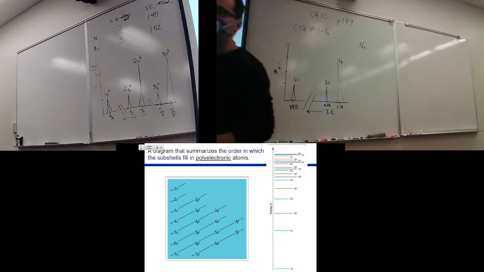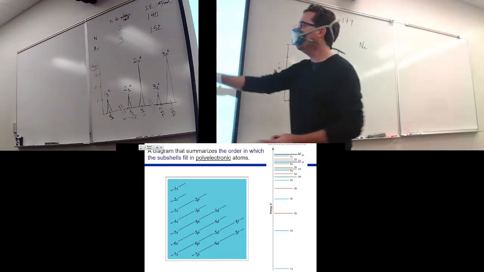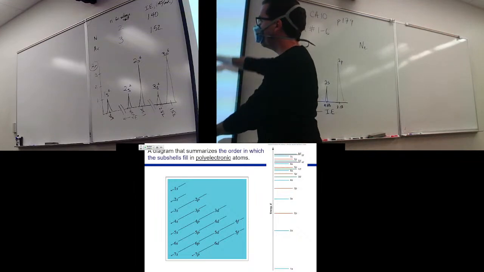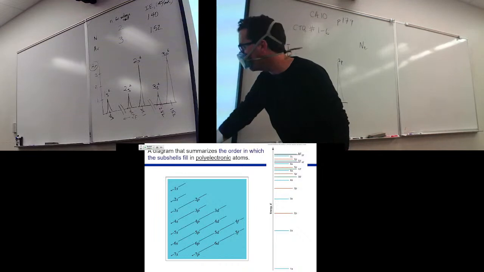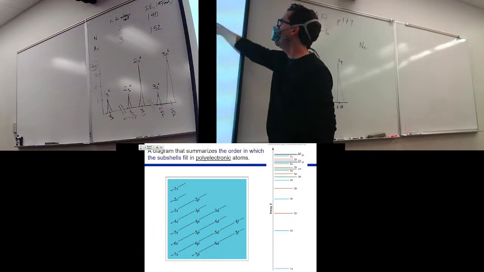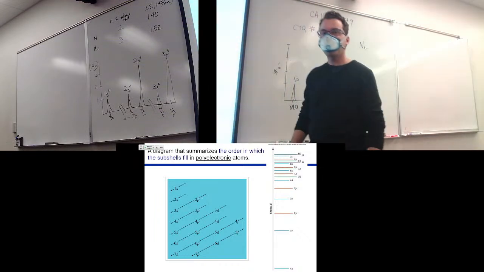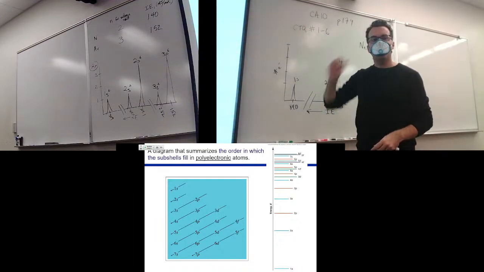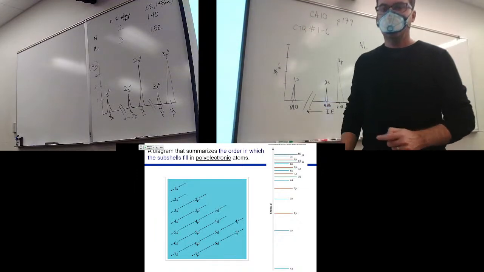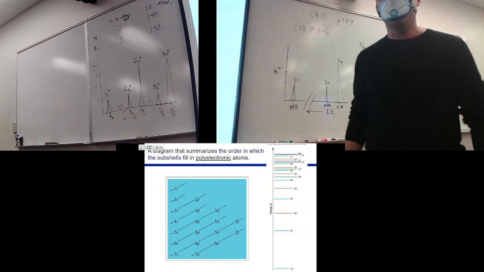So this is one way to do it. And when you stack them all up in terms of the energies, this is kind of what you see. 1S is the lowest energy, then 2S, then 2P, then 3S, and it keeps going up. Now remember that as your energy levels get higher and higher, the spacings get smaller. That still happens with the subshell model. It's just we have lots more energy levels now.